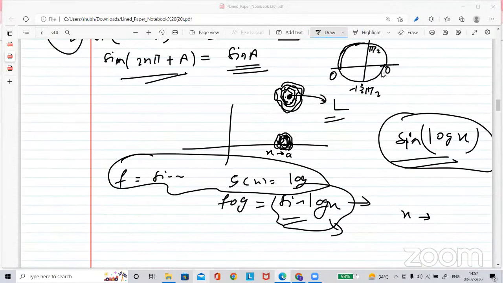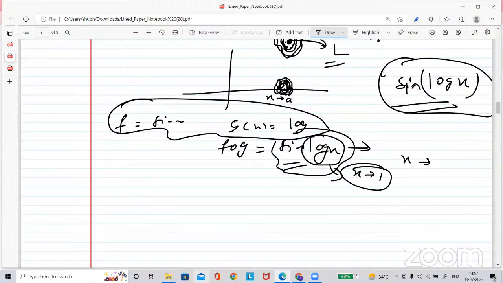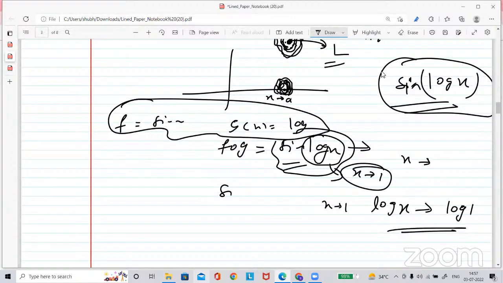If you want to find the limit of it, at which point do you want to find it? x tends to 1, for example. So it is easy, right? As x goes to 1, log x is going to be log 1, which is 0.